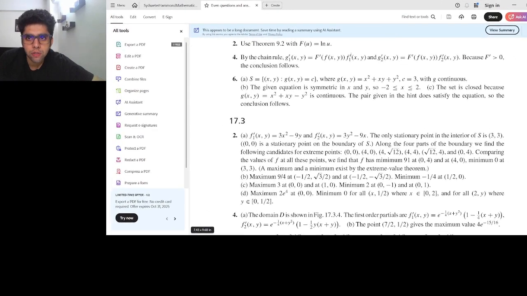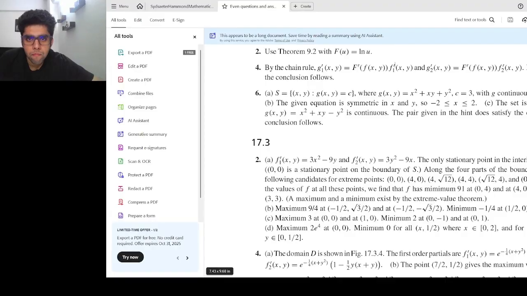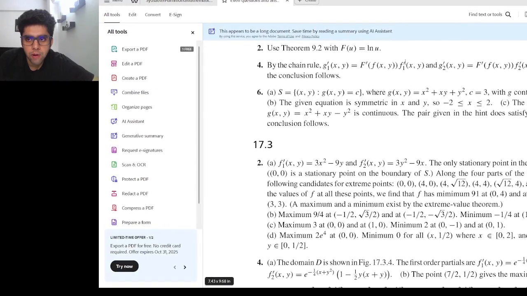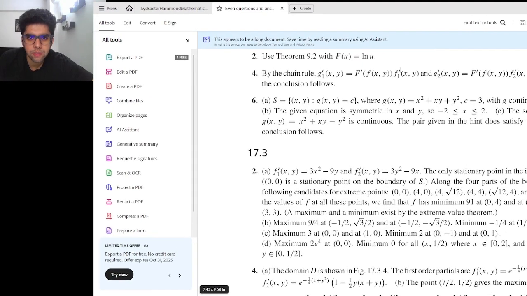So second question, part D. I'll just cut this part out.